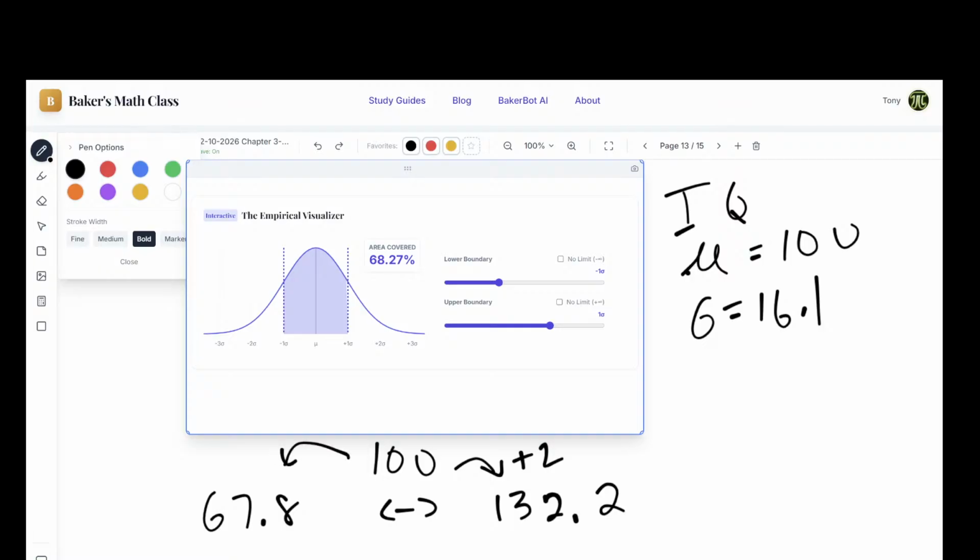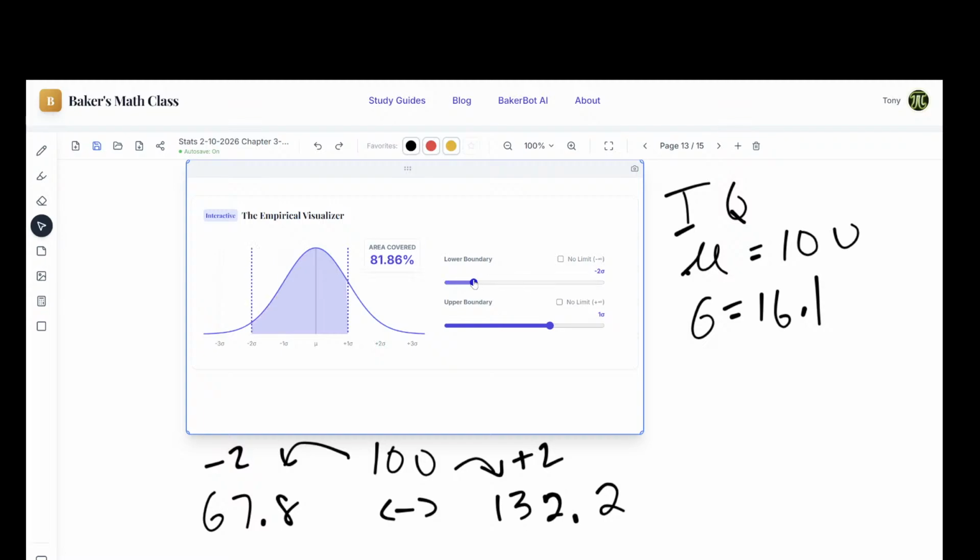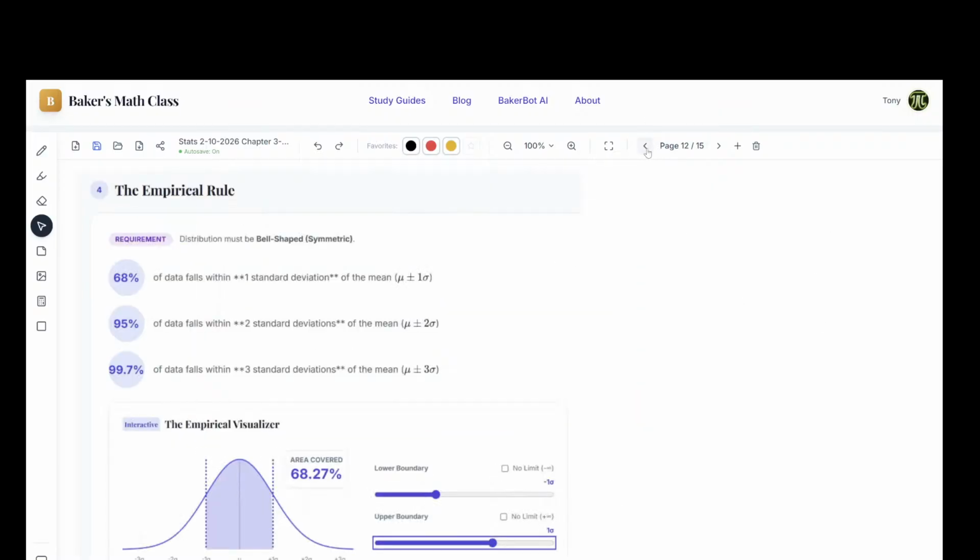To go down to this, it's minus 2. So we could take this and go down to minus 2 and up to 2, and there's my answer. And since it's 2 standard deviations, you don't even need to do that. 2 standard deviations is 95%.